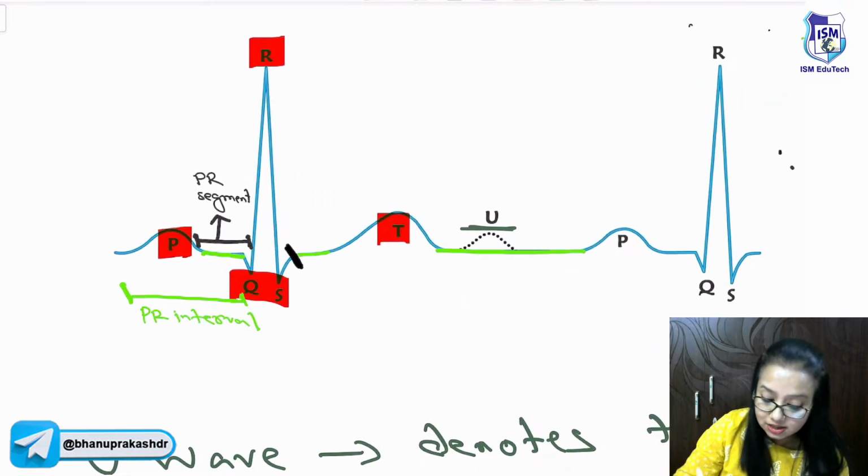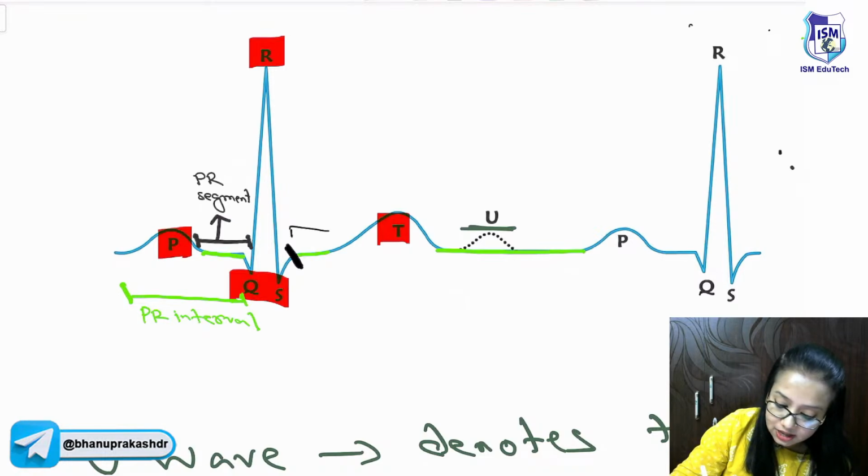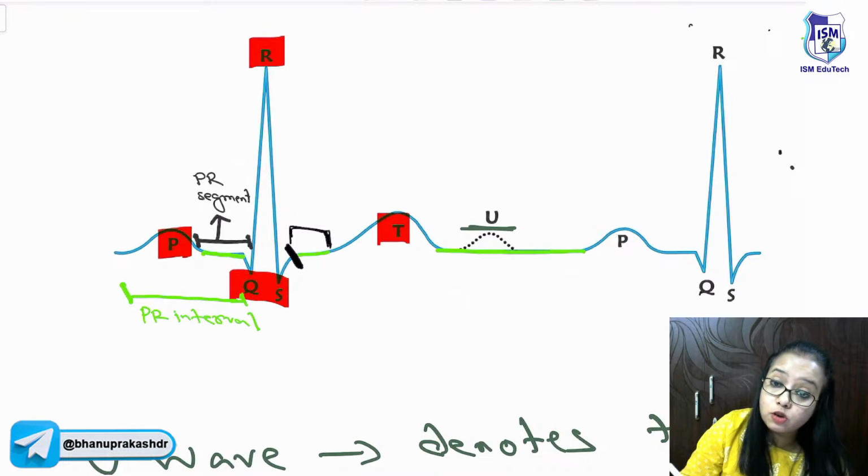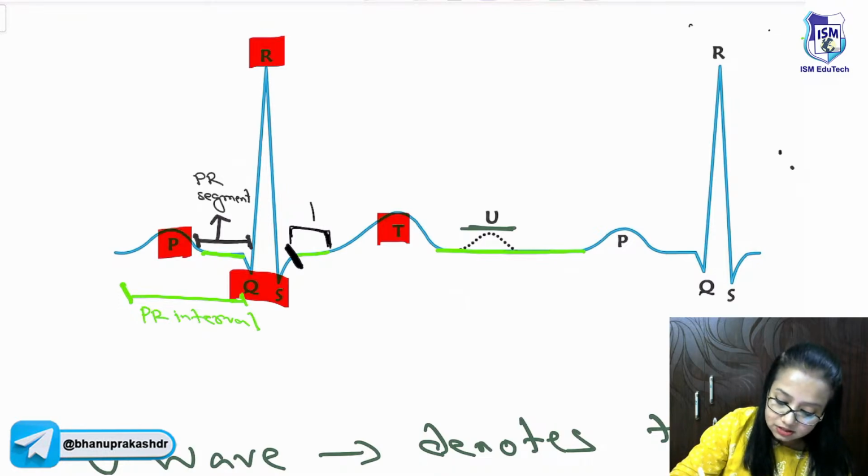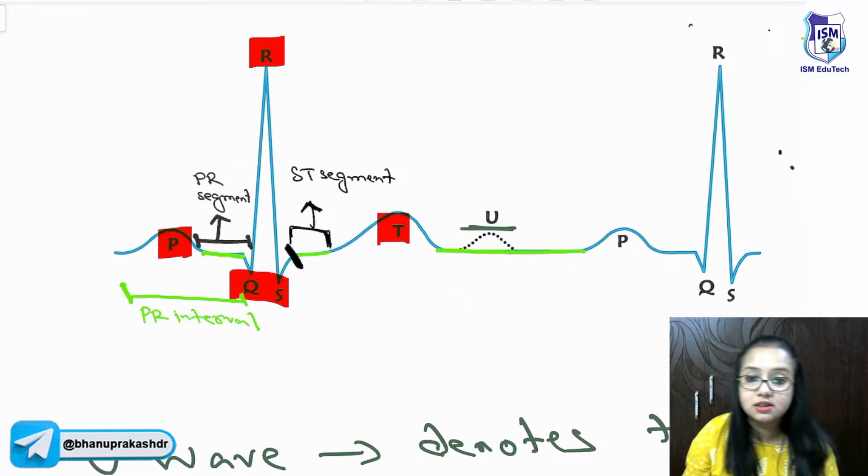This area which is just after the S wave and before the beginning of the T wave is called the ST segment.